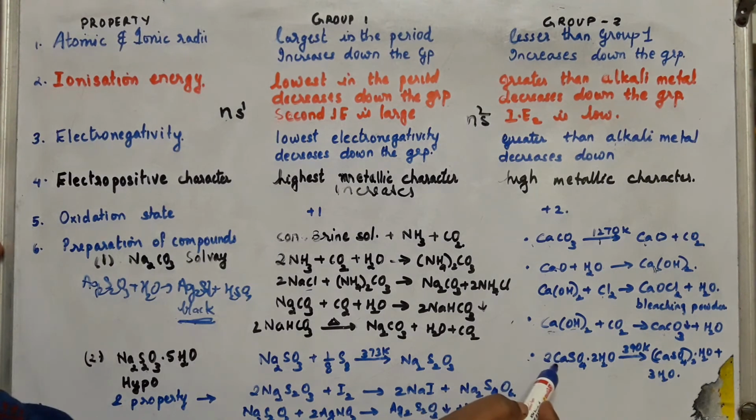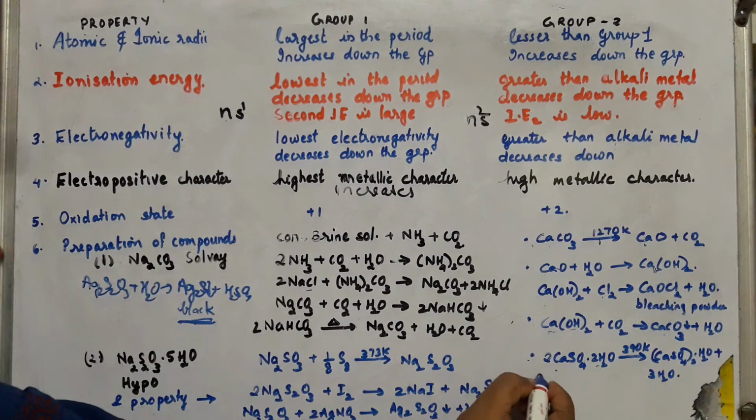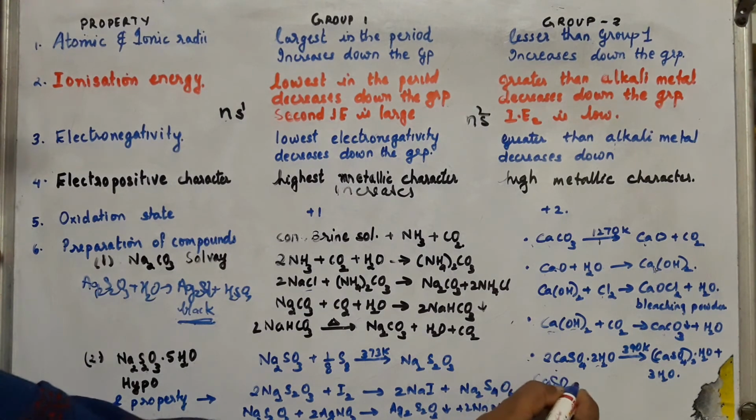Next compound is plaster of Paris. How is plaster of Paris prepared? We have to take gypsum, CaSO4·2H2O. Gypsum is taken and it is heated at 390 Kelvin. Partially it loses water. Okay, plaster of Paris is CaSO4·½H2O. This is plaster of Paris.